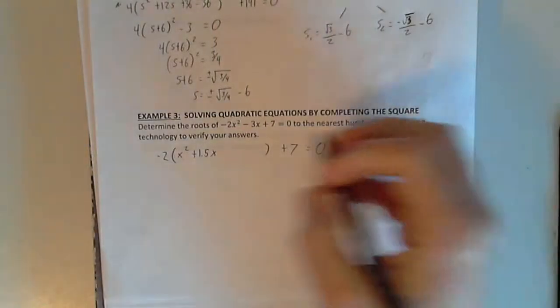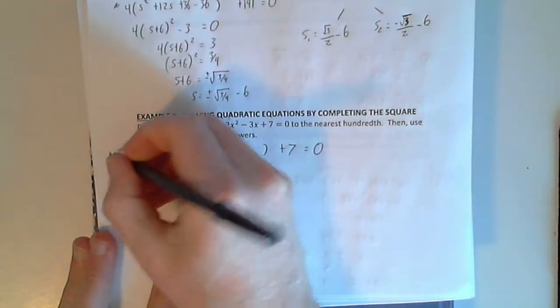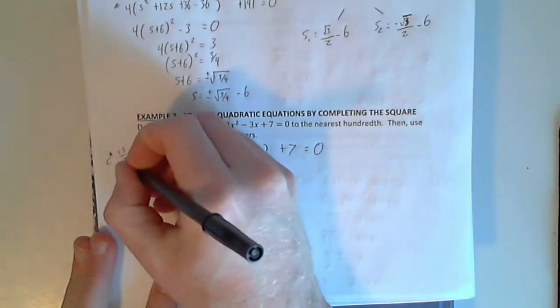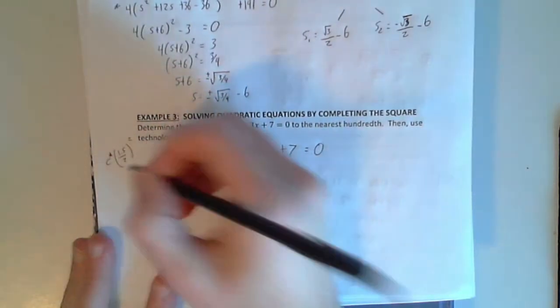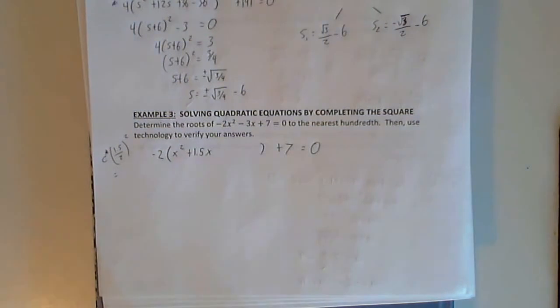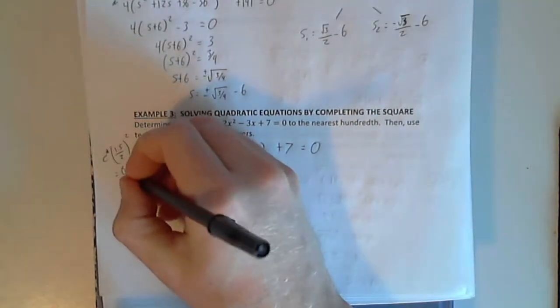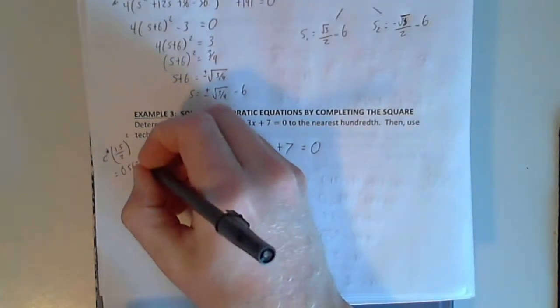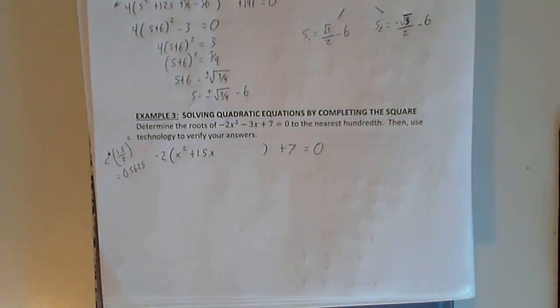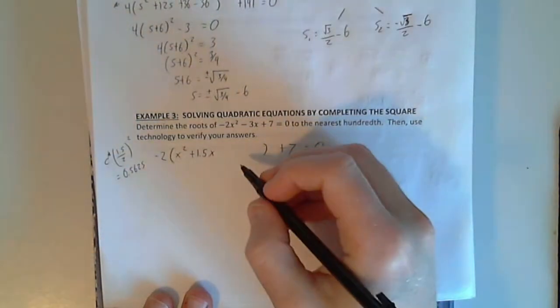Now what is c star? 1.5 divided by 2, squared. That is going to be 0.5625. I'm going to keep all the decimals for now, just because if you round too early, sometimes it can make the answer wrong.